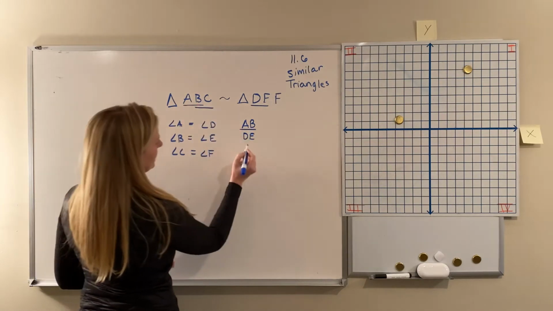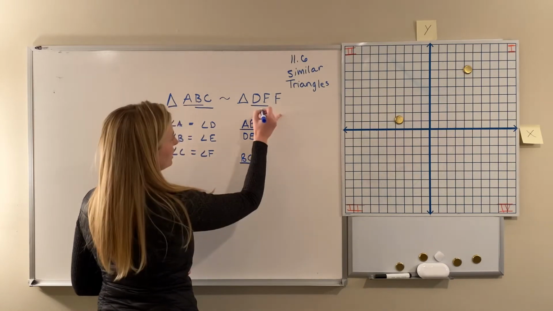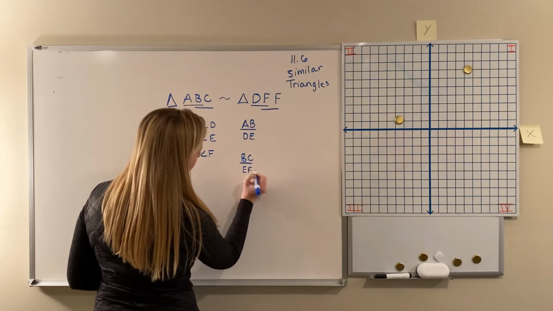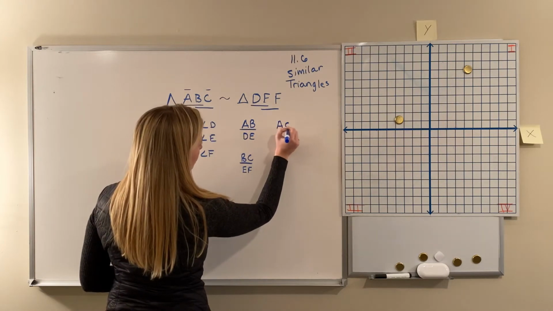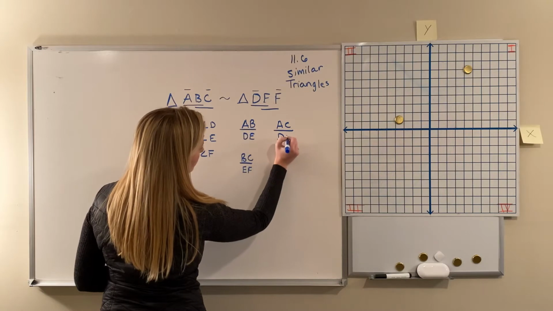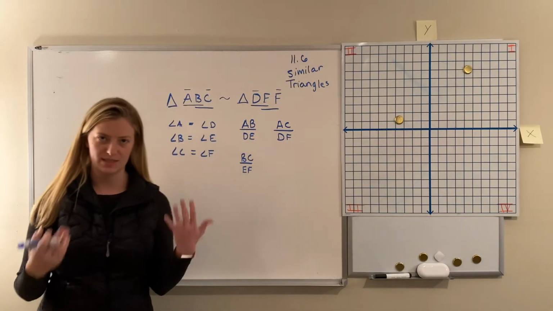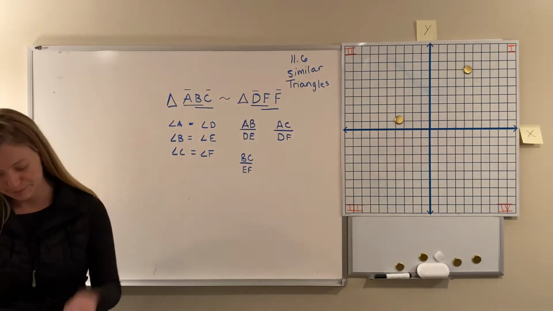Side BC has to correspond to EF. And then AC has to correspond to DF. And each of these ratios has to produce the same fraction. If that's the case, you have similar triangles.